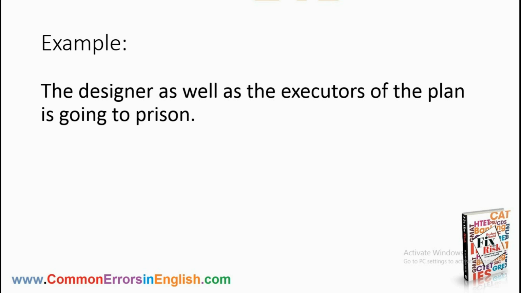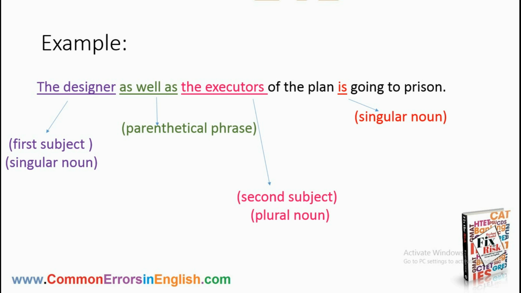Now look at this sentence and try to find out, is this correct or is there any error? Let's look at it deeply. The designer as well as the executors of the plan is going to prison. In this sentence we have got two subjects, the designer, which is singular noun, and the executors, which is plural noun.